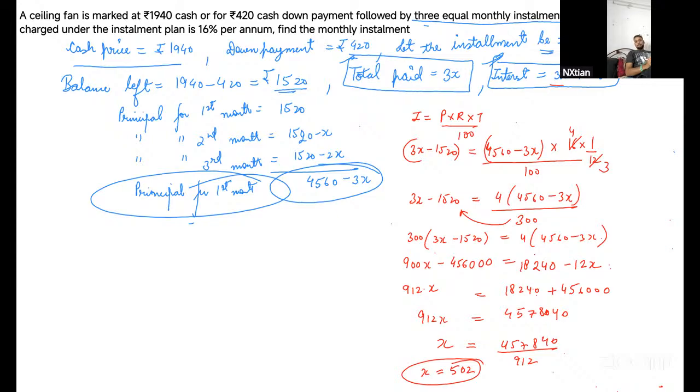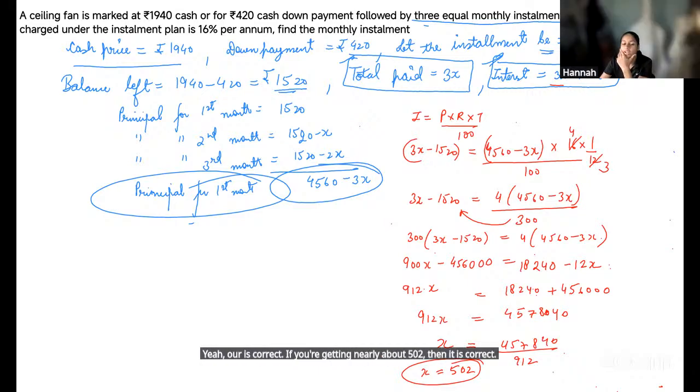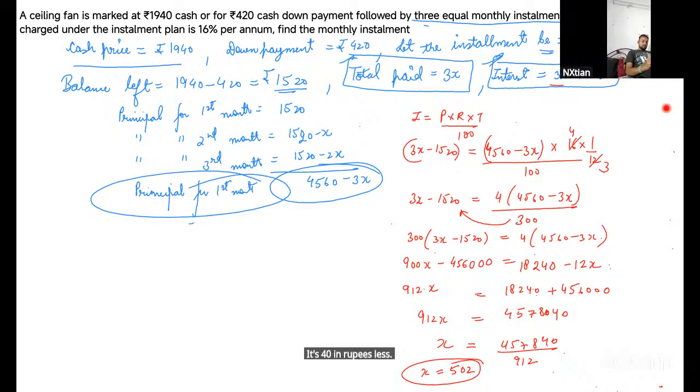Yeah, ours is correct. If you're getting nearly about 502, then it is correct. 502 into 3 is 1506, and that is lesser than the balance left. It's 14 rupees less. Yeah. Good.